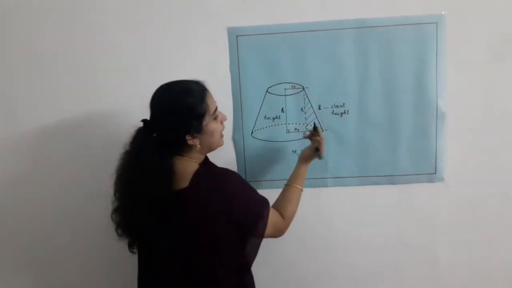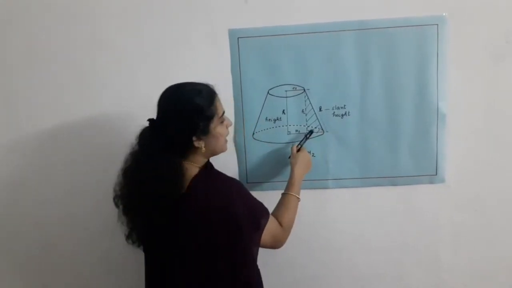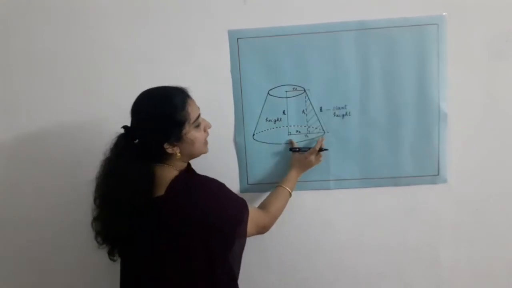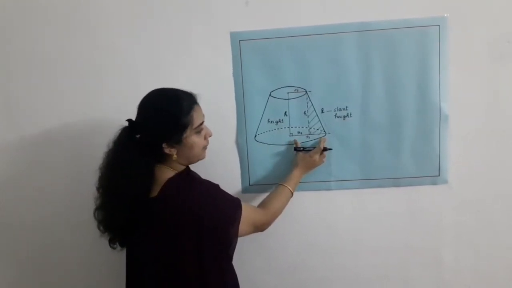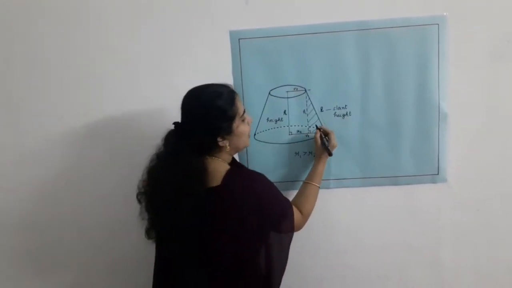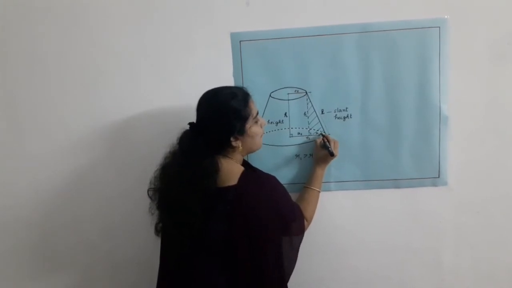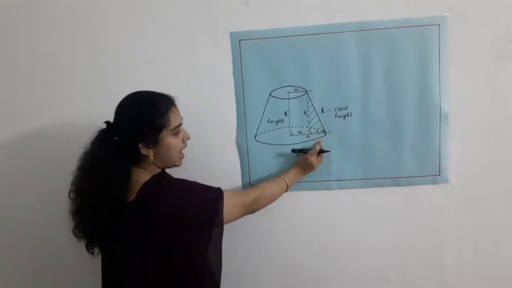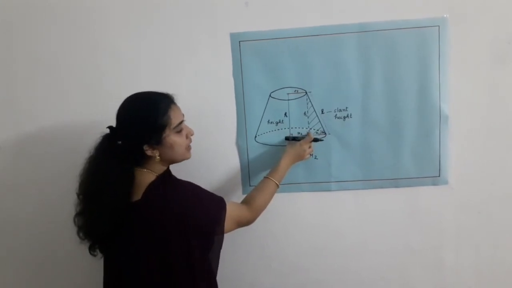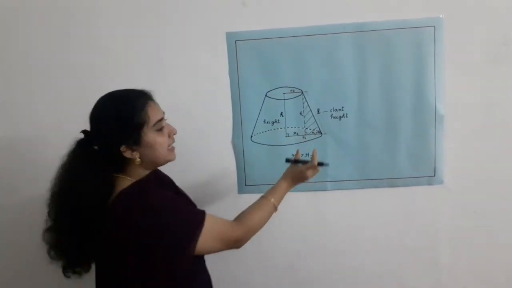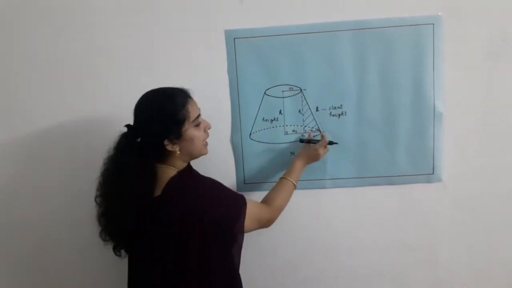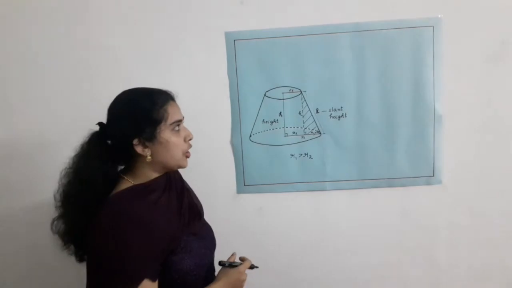What about the base? Here we have seen that this much length is R2 and the total length is R1. Then this length will be denoted as R1 minus R2. The total length here is R1 and here we have got this length as R2. Then the remaining length will be total length minus R2, that means R1 minus R2.